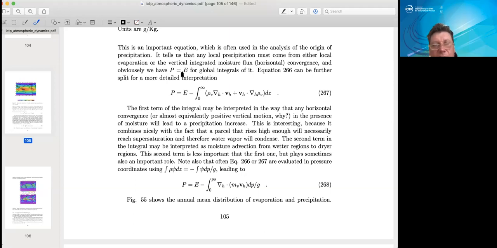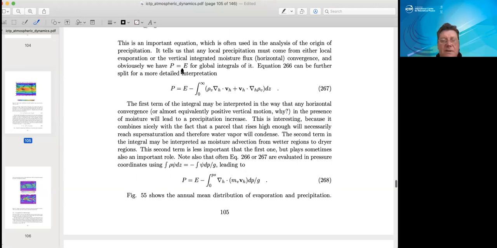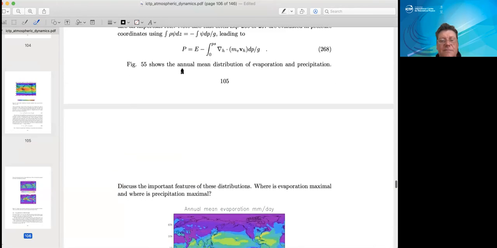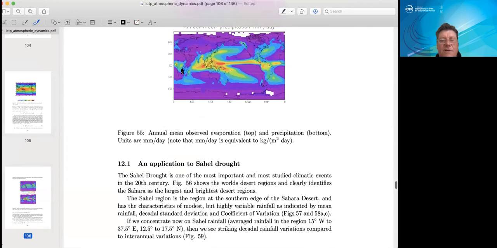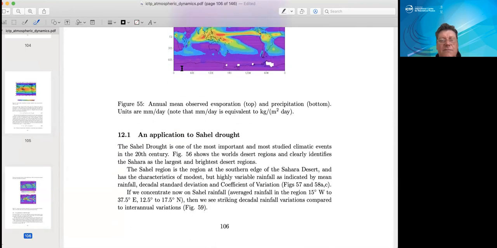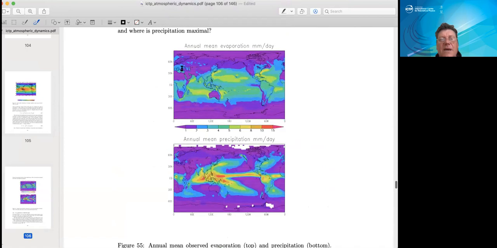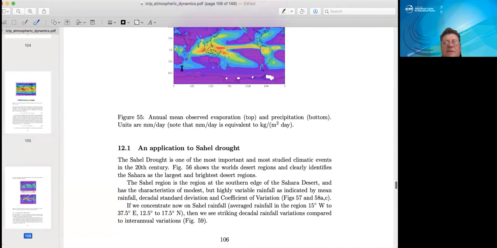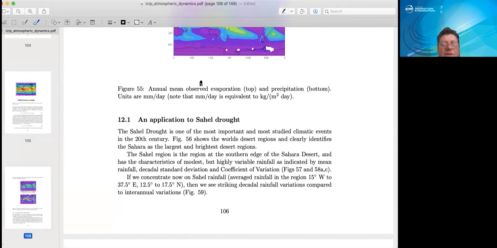Something is wrong. So whatever precipitation you find must have evaporated somewhere. That's the basic conservation of water in general. Now we want to look at an application of this to the Sahel drought phenomenon.